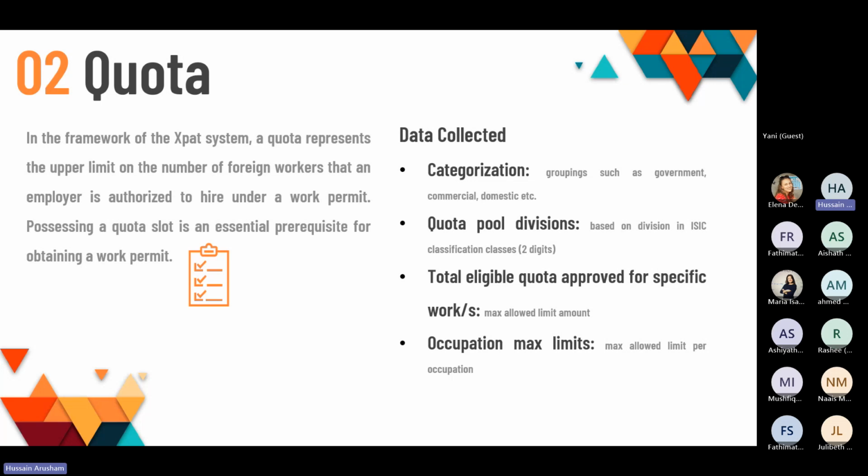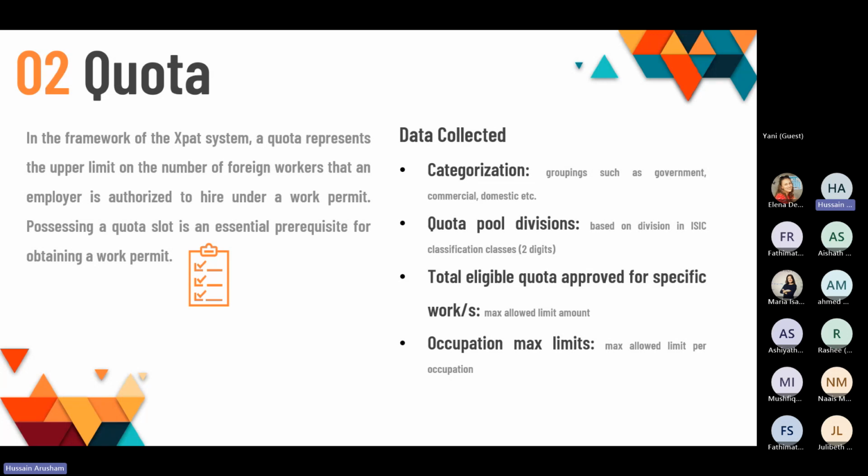Then we further categorize this into quota pool divisions, a term we used as we didn't entirely go for the IC classification division, which is the two digits within the IC classification. We found that if we applied it to such an extensive level, it might be difficult to feasibly apply it in the Maldives. So we just combine some of these divisions together because of how the work is being carried out in the Maldives.